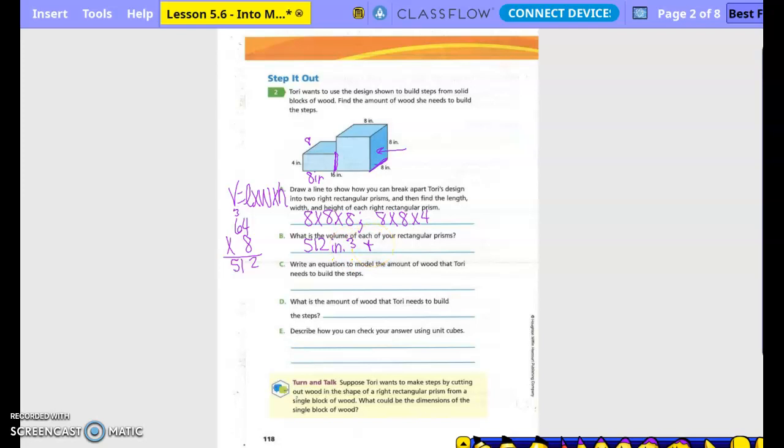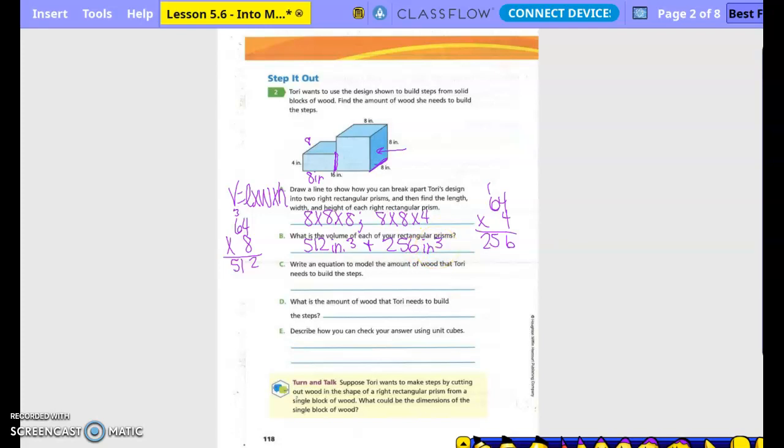And okay, so 8 times 8 we said was 64, and then take 64 times 4, right? 6, carry the 1. 4 times 6 is 24 plus 1 is 25, so 256 inches cubed. So that's what the volume of each of those boxes is, right?